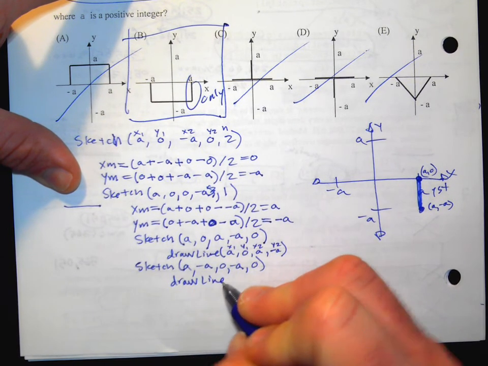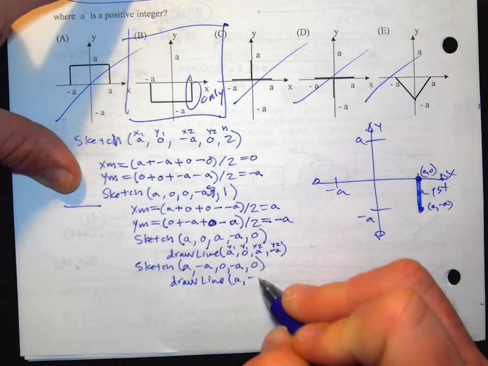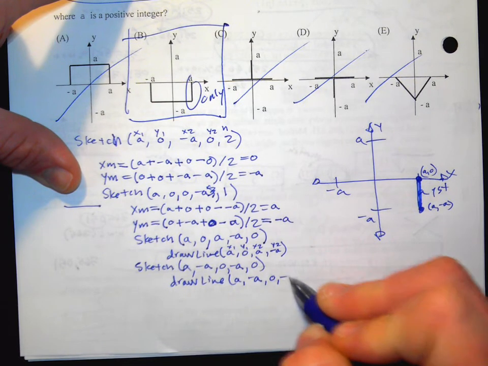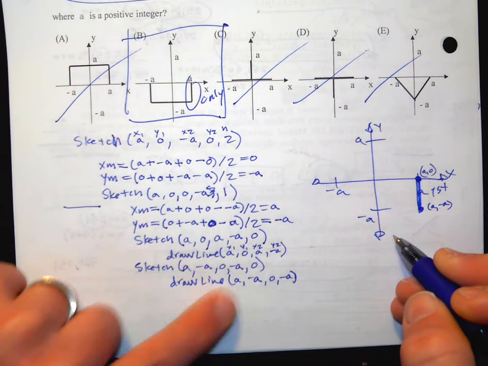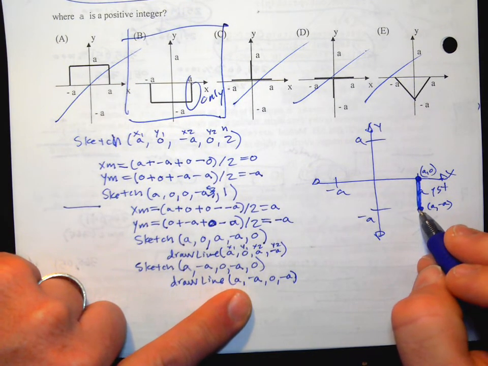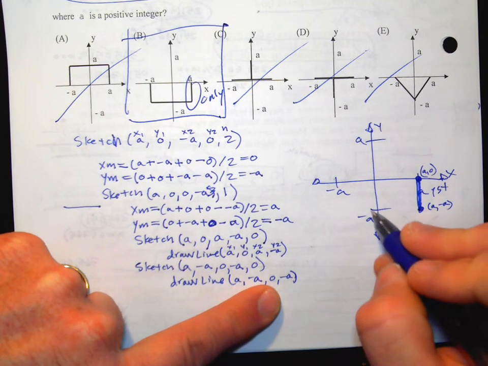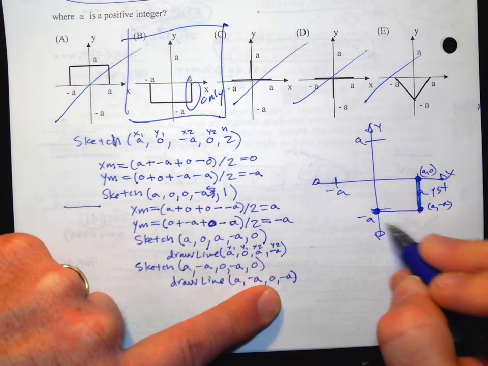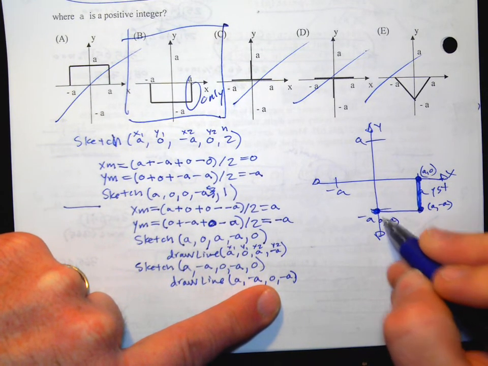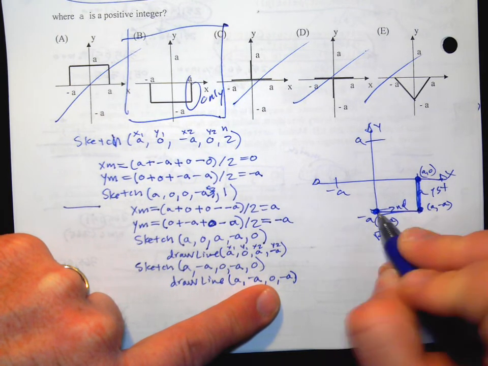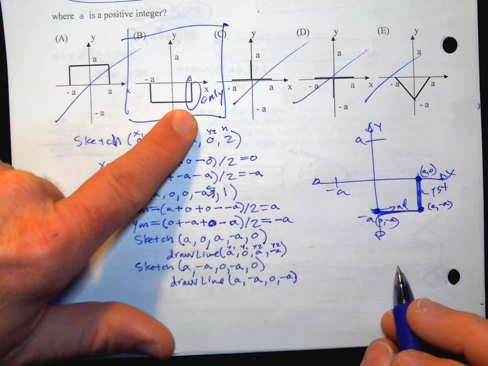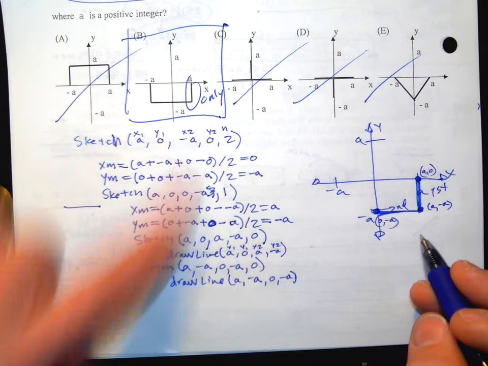This draws a line from a, negative a to 0, negative a. And so a, negative a is right here. It picks up where it left off, and then it goes to 0, negative a, which is right here. And so that's the second chunk of line that gets graphed. And that matches that. No other graph here even has that line.